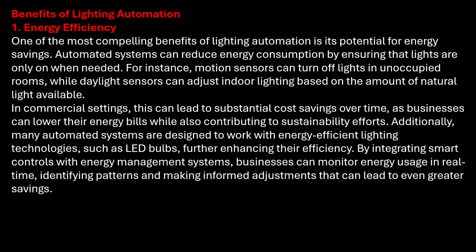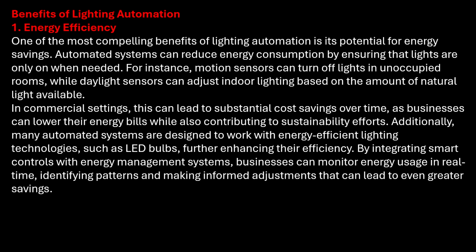Friends, we shall be discussing benefits of lighting automation one by one. First benefit is energy efficiency. One of the most compelling benefits of lighting automation is its potential for energy saving. Automated systems can reduce energy consumption by ensuring that lights are only on when needed.